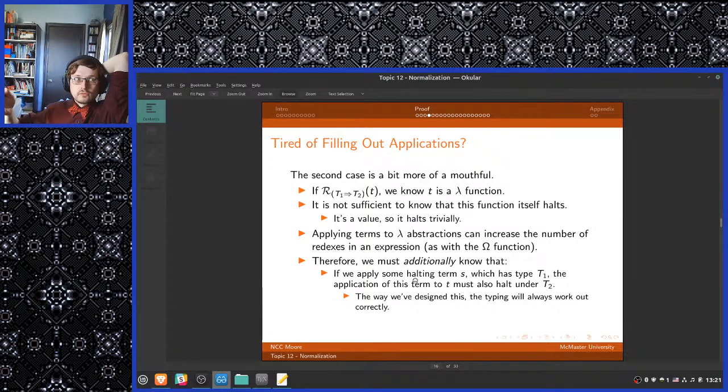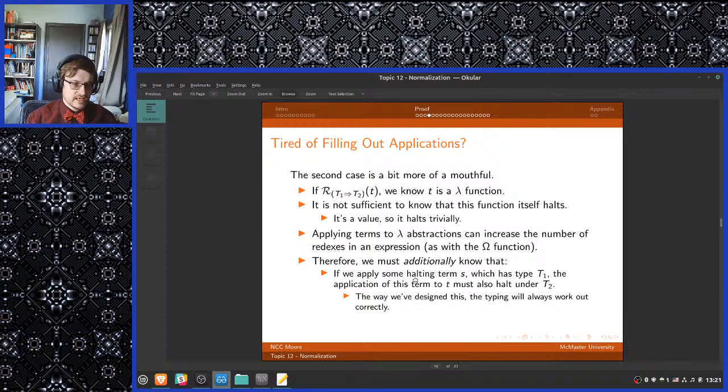That's why pure, untyped lambda calculus has no termination property, which is why we get the omega function. So in this case, we're trying to get around the fact that the number of redexes may increase, but so long as the result of the application is still inside of this set that we've defined, we know that it'll still terminate. That's essentially the gist of what we're trying to prove.